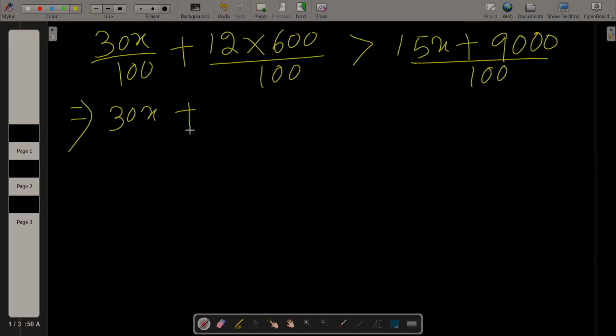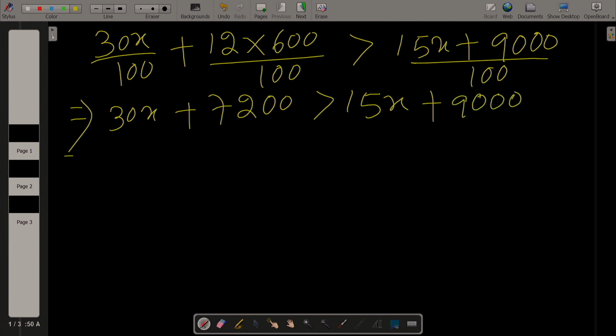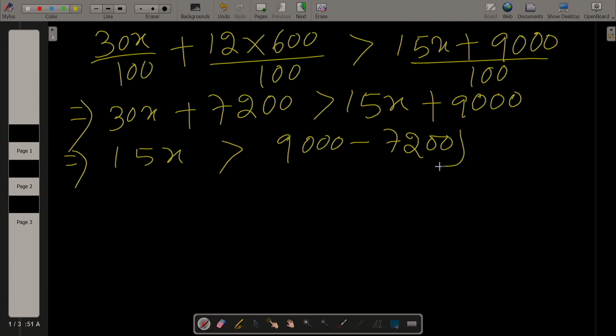30x plus 12 into 6, that means 7200, is more than 15x plus 9000. Now you will find 30x minus 15x, that is 15x, greater than 9000 minus 7200. So 15x is greater than 1800.